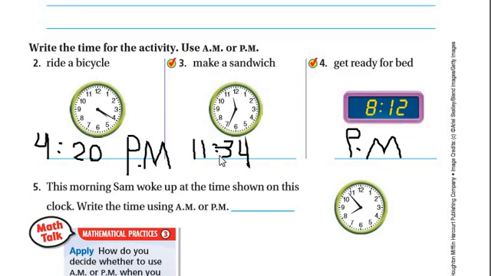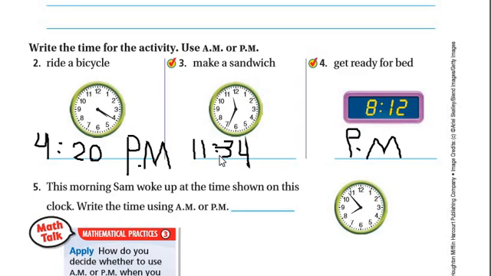So is it AM or PM? Let's revise together. AM is after midnight till before noon. So it's too late to make a sandwich at 11 at night, right?